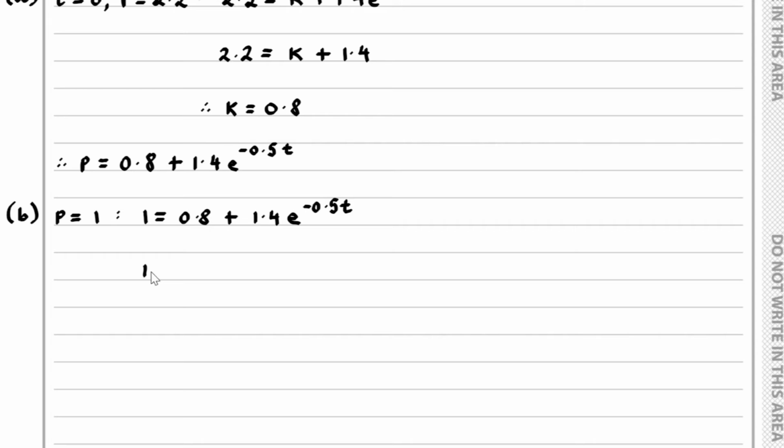So 1.4 e to the negative 0.5 t equals 0.2. e to the power of negative 0.5 t is equal to 0.2 divided by 1.4, which is 1/7.